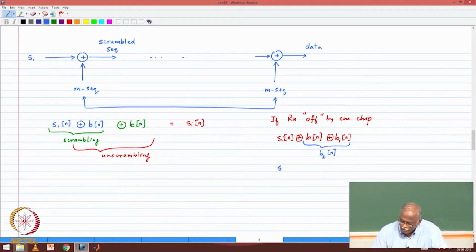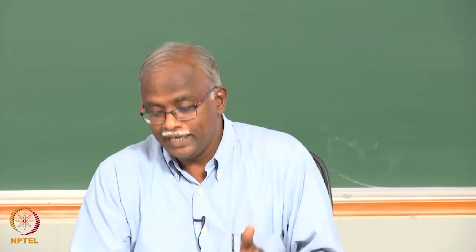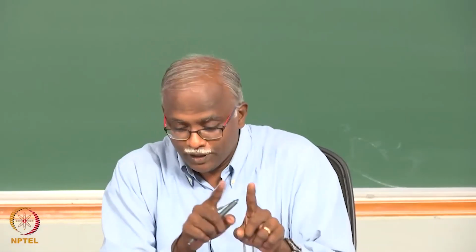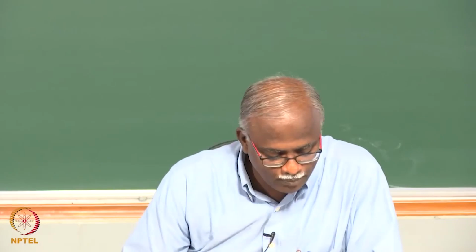So what I actually get is Si of n scrambled by BL of n. Actually, I'm in deep trouble, because now I don't even know what the scrambling sequence is. The combination of the original sequence plus a cyclically shifted version means I must figure out what the shift is in order to undo this. So this is where the problem comes from.